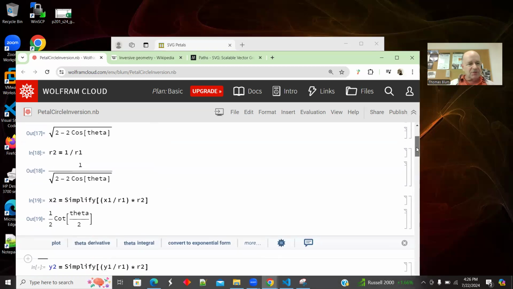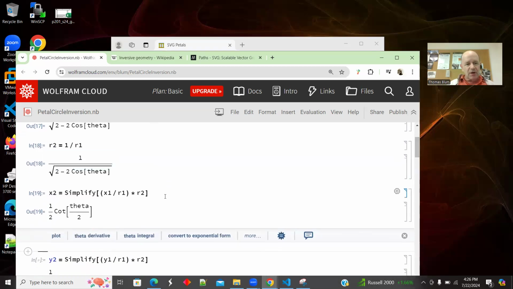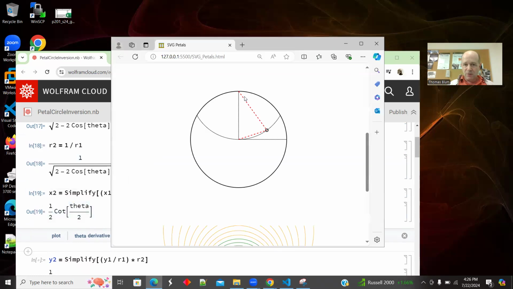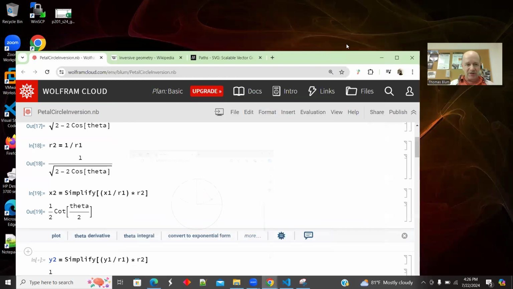And Mathematica knows those. So when I asked what x2 was, it came to be in terms of theta, cotangent. And so when my theta is small, when my point moves towards my origin, I should be moving out to infinity. And that is indeed what the cotangent does. Cotangent at 0 is infinite.